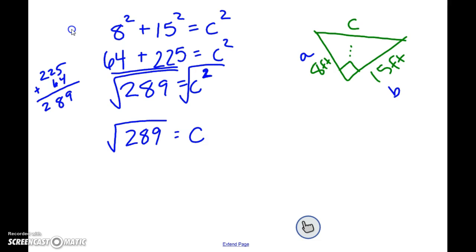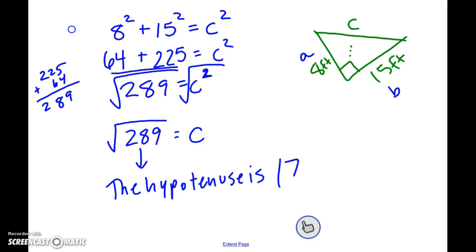But it turns out I also know that the square root of 289 is 17, because 17 times 17 is 289. So the actual answer to my question is that the hypotenuse is 17 feet long.